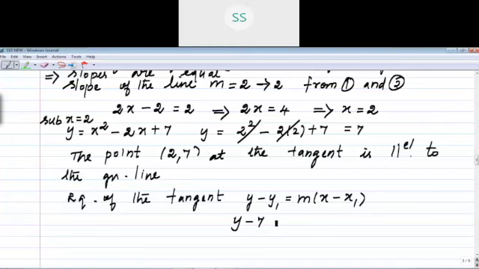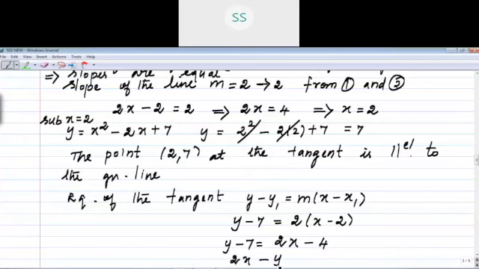That you are going to substitute. y minus 7 equal to 2 into x minus 2, right? y minus 7 equal to 2x minus 4. Now, 2x minus y plus 3 equal to 0.